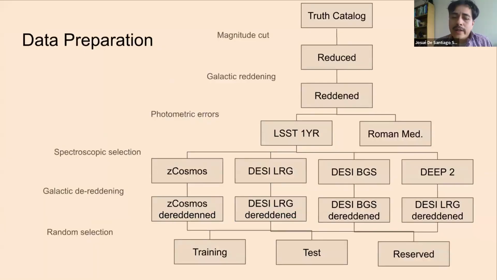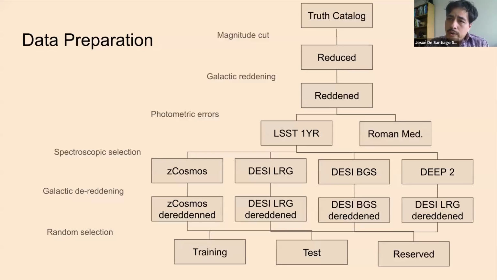So the way that we prepare the data coming from the two catalogs from the simulations is that we reduce the catalogs, apply some reddening, and then some photometric errors depending on the scenarios. We choose 12 scenarios, LSST year 1 and year 10, and also provide some Roman measurements.